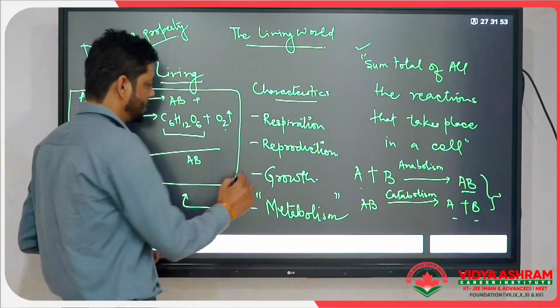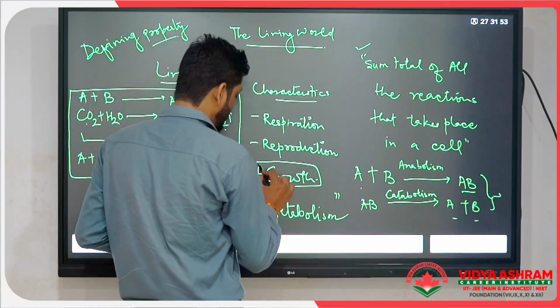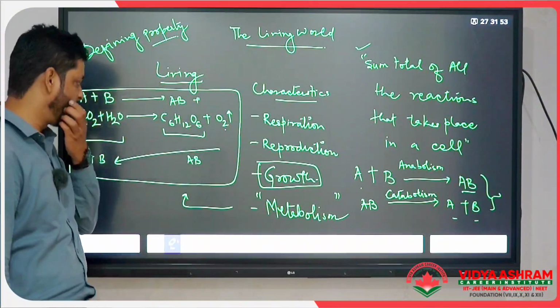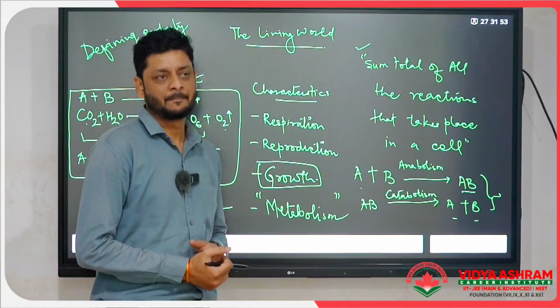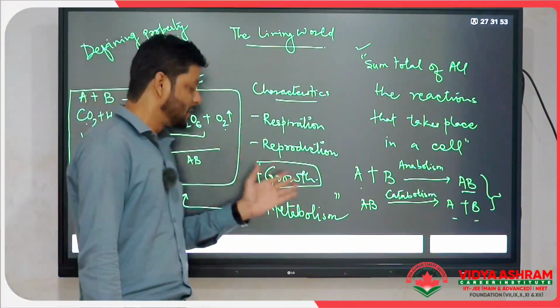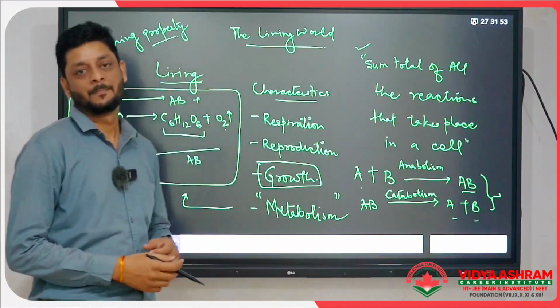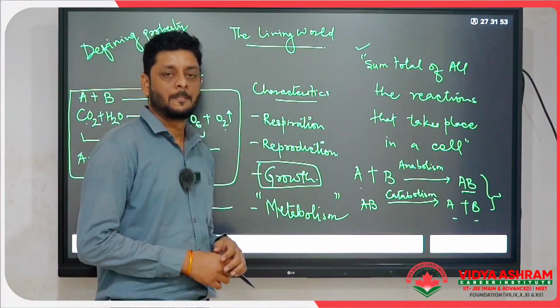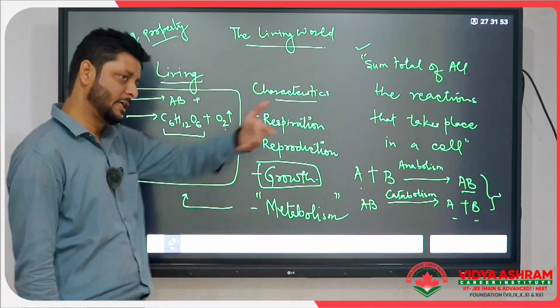Now let us consider growth. Growth is a non-defining property. Why is growth not defining? Growth is not a defining property because the Himalaya is also growing at a constant rate.